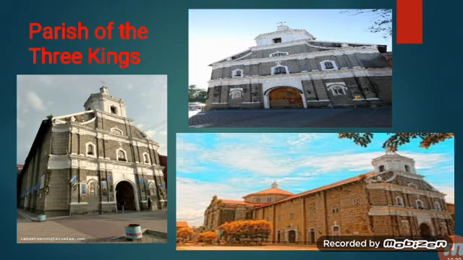Parish of the Three Kings has huge side doorways with two standing images of their patron saints on both sides and a mural of the Holy Trinity on the ceiling with the style of Byzantine architecture. The church is made of bricks, adobe, and lime.